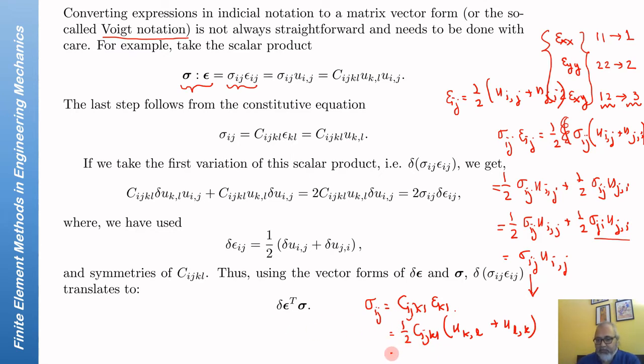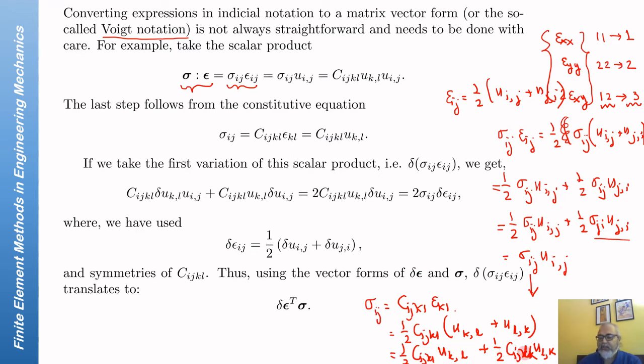The first term here is half C ijkl u k comma l, and the second term is half C ijkl u l comma k. So these are the two terms, and now k and l can be interchanged. From the symmetries of the stiffness tensor, C ijkl is also C ijlk. They are the same.